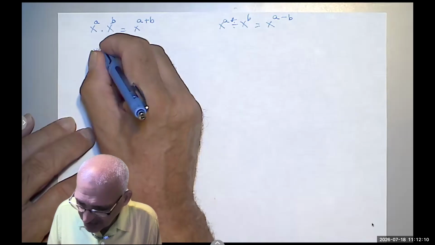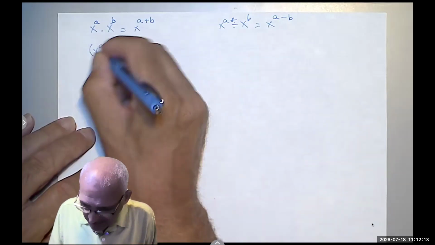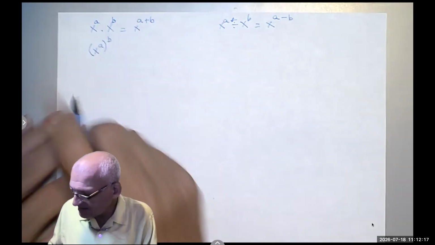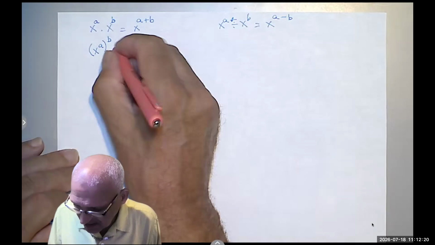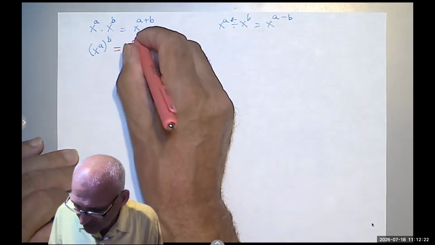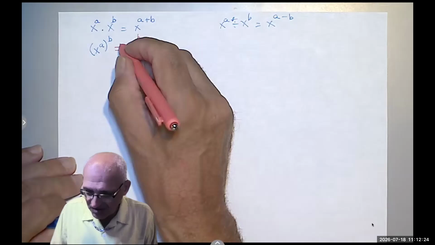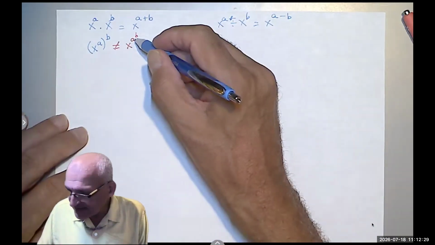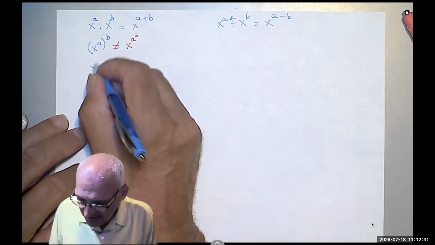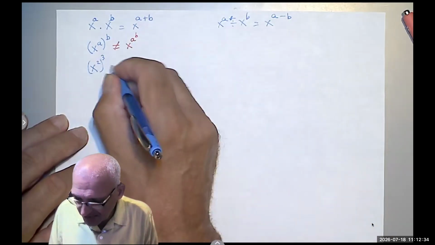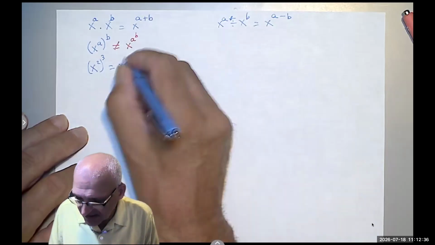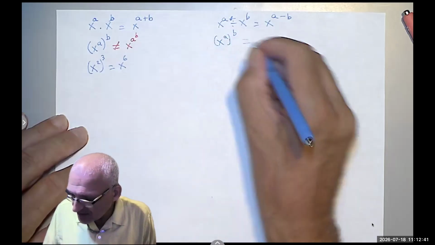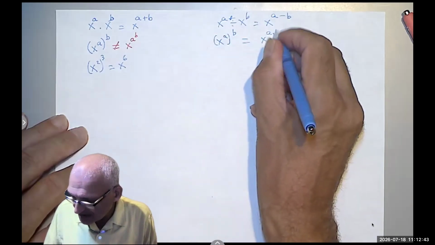Next, if I have x to the a and then the whole thing raised to the b, that is not the same as x to the a to the b. For example, x squared quantity cubed equals x to the 6, because x to the a raised to the b equals x to the a times b.